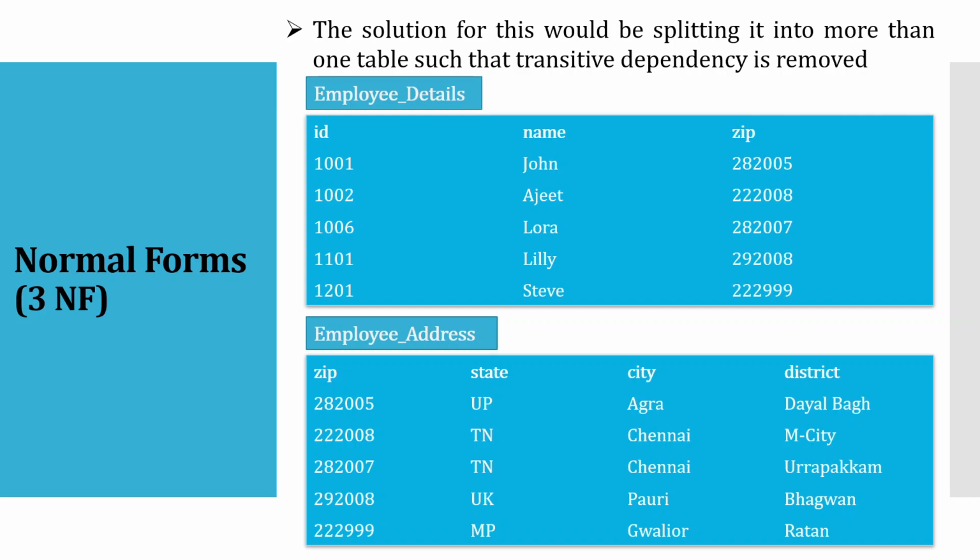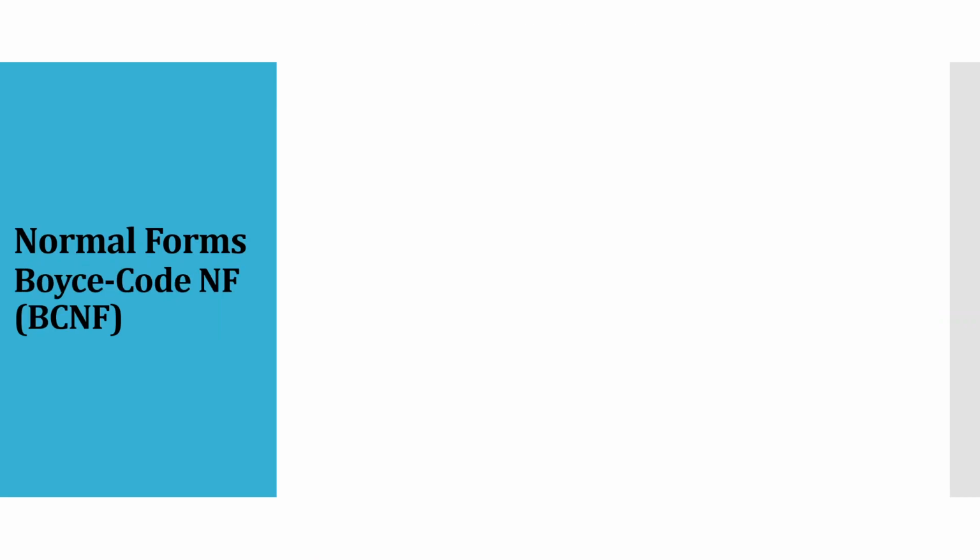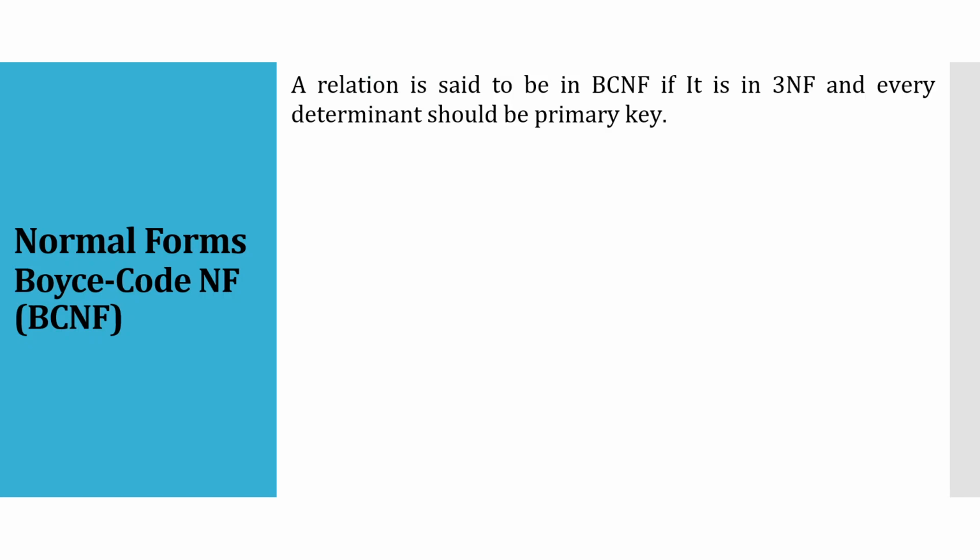Right. So now let's continue with the next normal form, that is Boyce-Codd normal form or BCNF. What does this mean? A table is said to be in Boyce-Codd NF if it is in 3NF and every determinant is a primary key. So can you tell me what you mean by this statement?